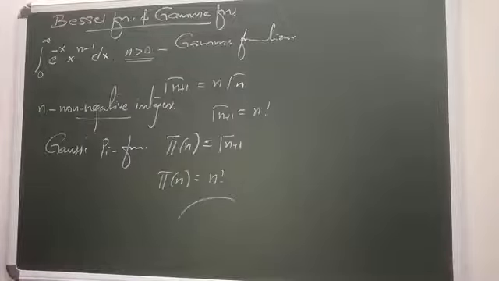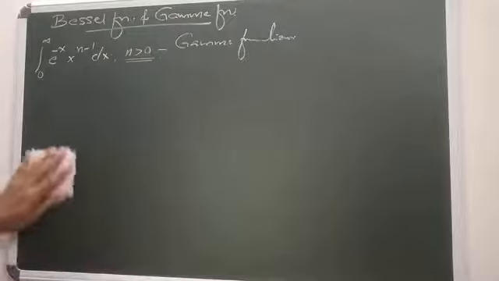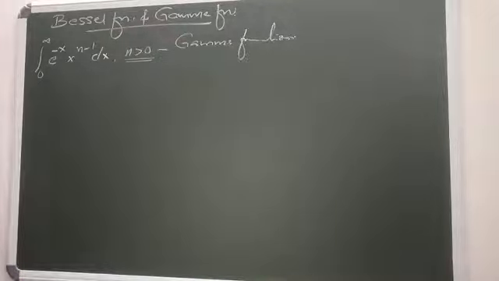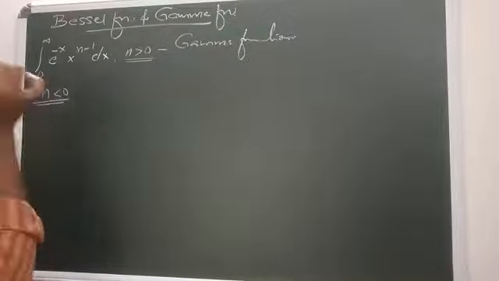Agree? We already stated that the definite integral of the gamma function converges for n greater than 0. So what happens when n is a negative integer?